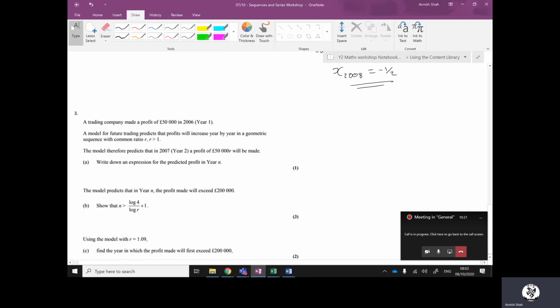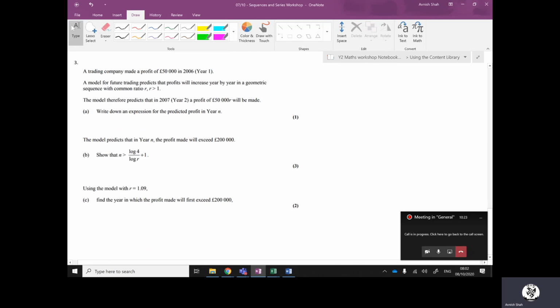And the final question. A trading company made a profit of 50,000 in 2006. A model for future trading predicts that profits will increase year by year in a geometric sequence.